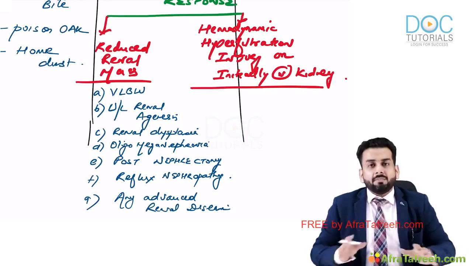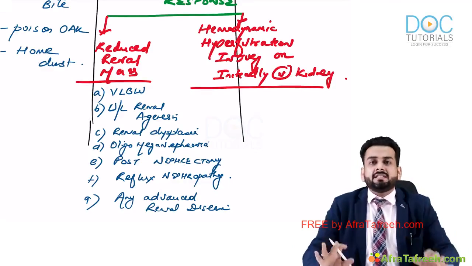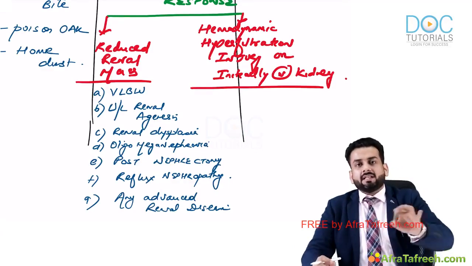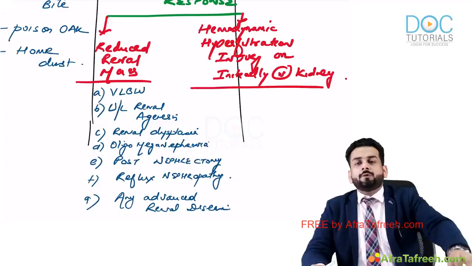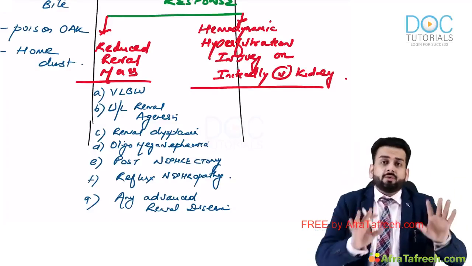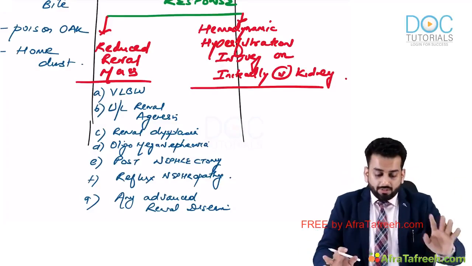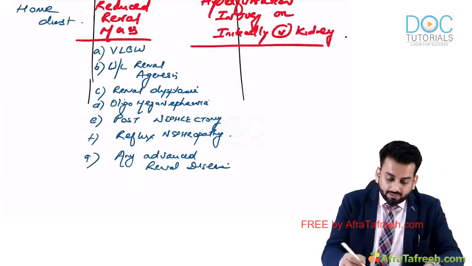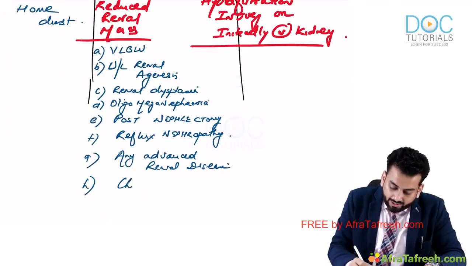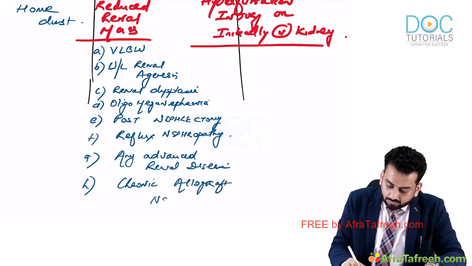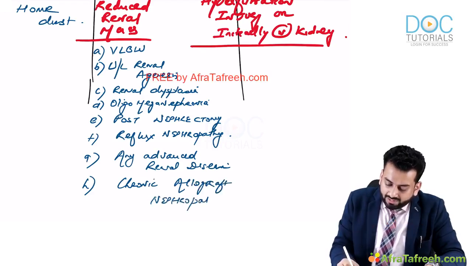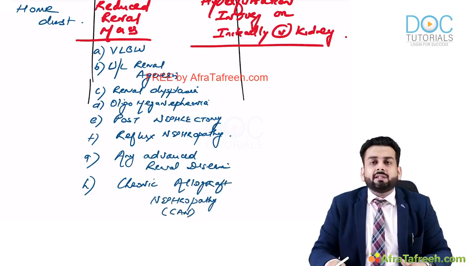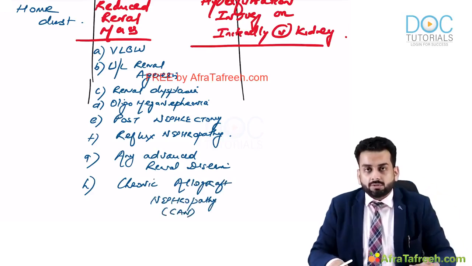It is actually the culmination of any advanced kidney disease. Every advanced kidney disease culminates into focal segmental glomerulosclerosis, which is very, very important. Even chronic allograft nephropathy, which we often abbreviate as CAN, can terminate into focal segmental glomerulosclerosis.